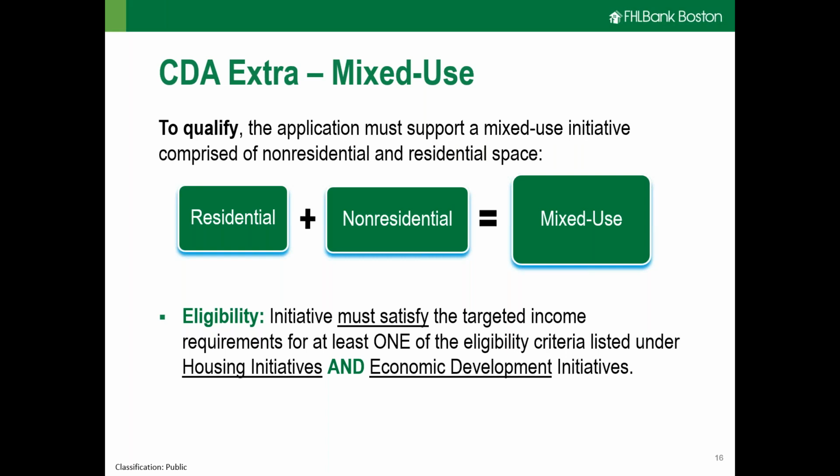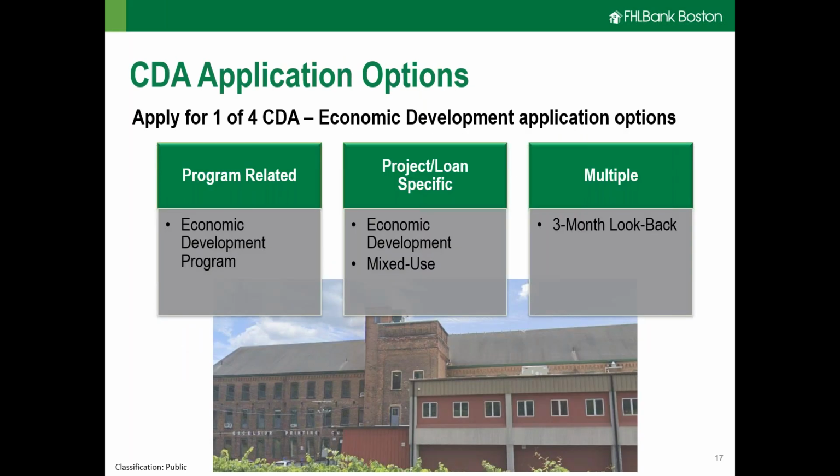But this is the way you would qualify for mixed use. So this allows you to blend the benefit of the CDA Extra for something more than just one defined activity. You can blend both the residential and non-residential components.